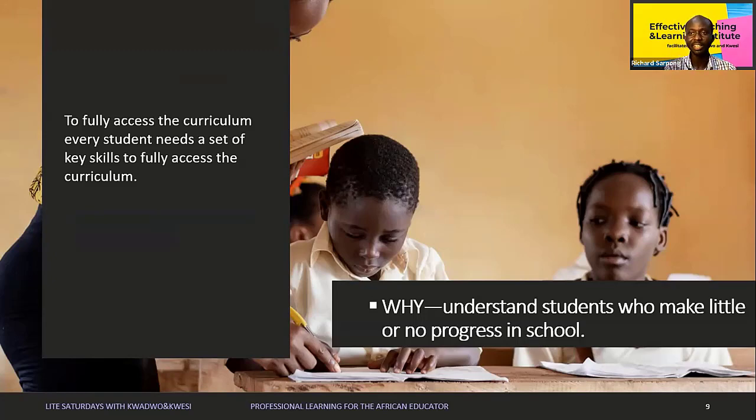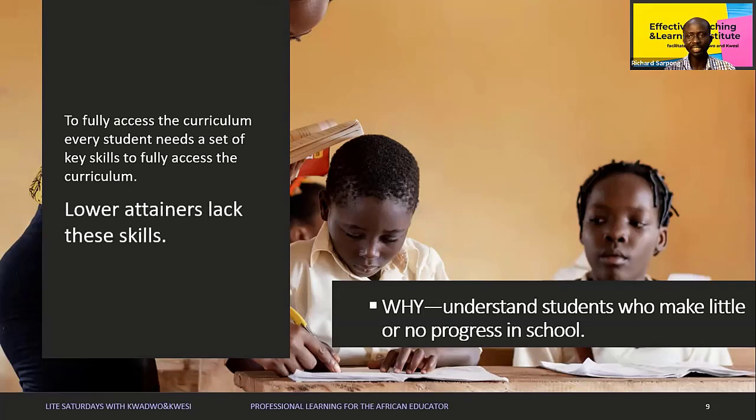Because if the educator who is supposed to deliver the curriculum does not fully understand the required skill sets to develop in students so that they can fully access it, then a lot of students can go through the school system but not really experience the curriculum, and will not be able to excel in the assessment that relates to that particular curriculum.